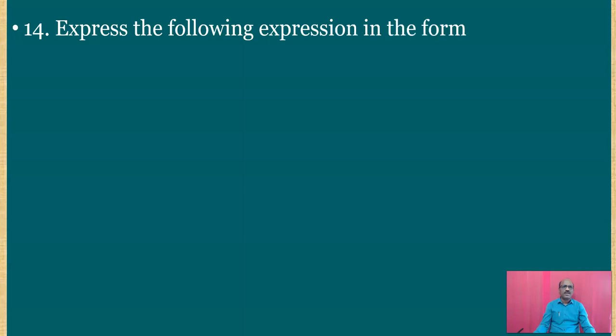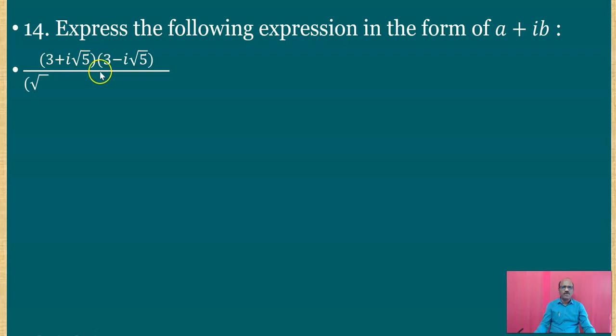Next is, express the following expression in the form of a plus ib: in bracket 3 plus i root 5, in second bracket 3 minus i root 5, upon, in bracket root 3 plus root 2i minus in bracket root 3 minus i root 2, in this second bracket.